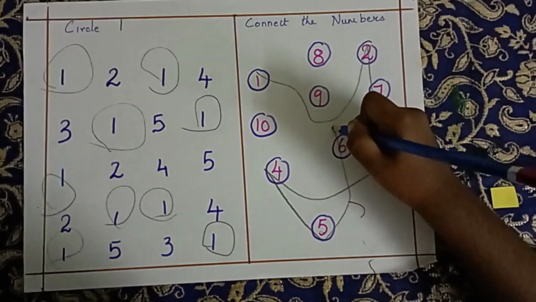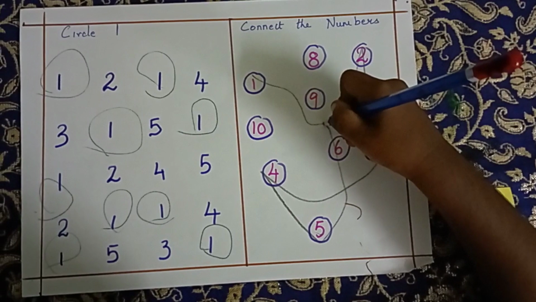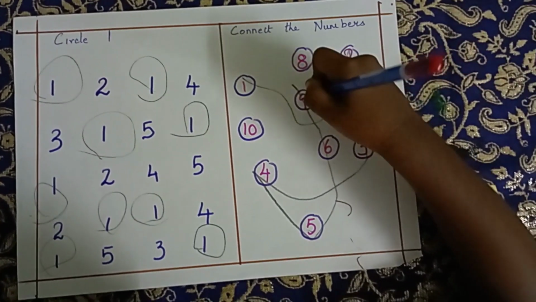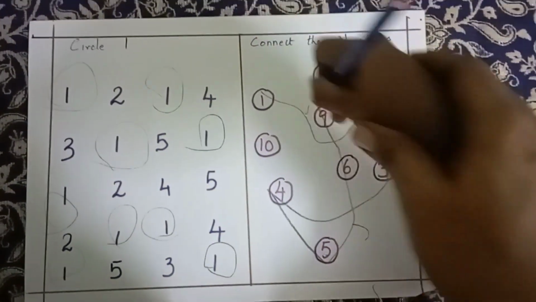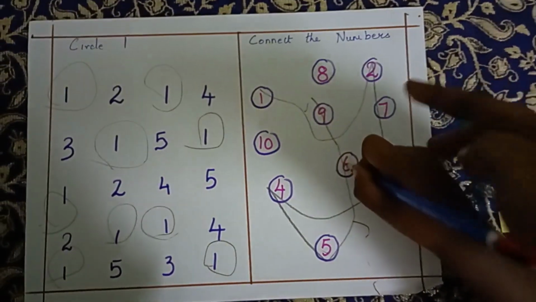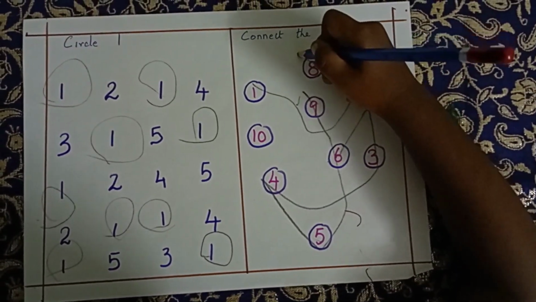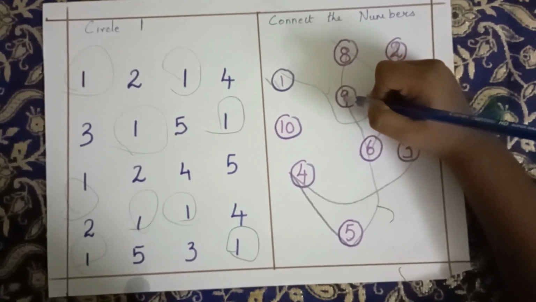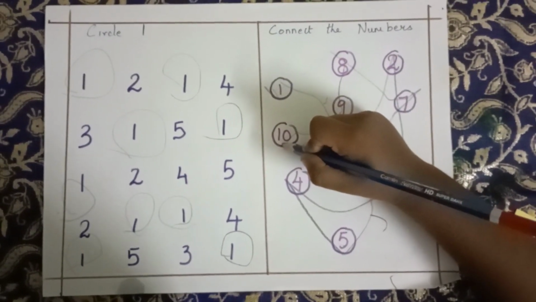Where is 7? Is that 7? No. From 6 go to 7. Here it is. Then 8, then 9, 10. Super.